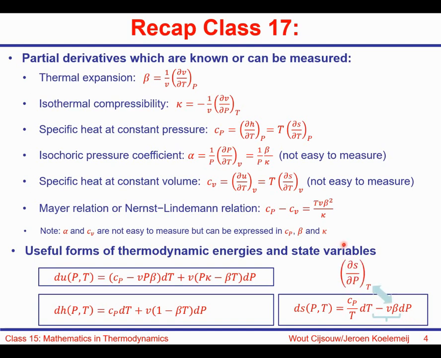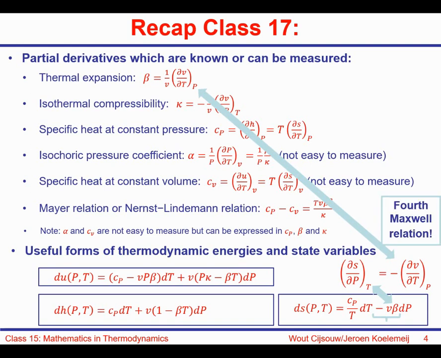Well, we know that has to be equal to the partial derivative dS/dP for constant T. If we look at this expression here, V times beta, if we multiply beta with V, or minus V, then we end up with minus dV/dT at constant P. And this was indeed one of the Maxwell relations. What I've done here is basically do the derivation in the reverse direction, just as a reminder of how these things work.